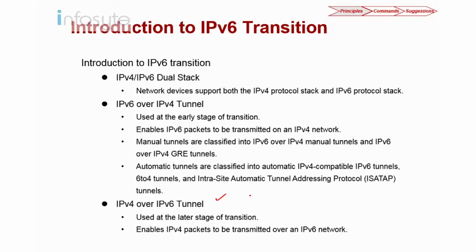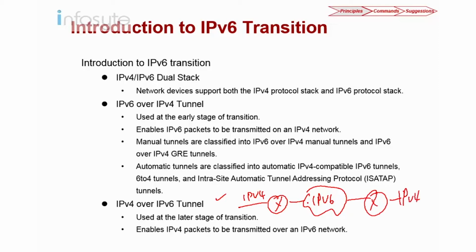Now this is the other way around, where I have IPv4 on the end user and my service provider is IPv6. So this is most likely where the majority of us are already using IPv6 and maybe a small portion still stay in IPv4.